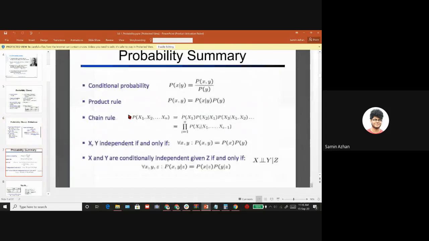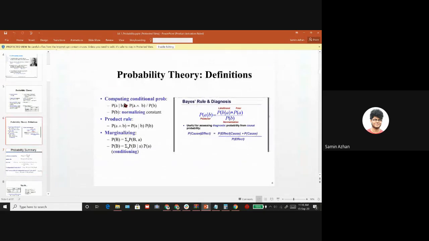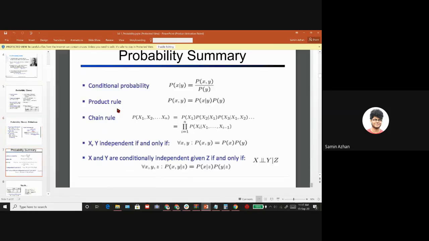First, this is the same rule. We'll be using this rule a lot. Probability of x comma y is probability of x and y. So it's basically this rule right here, conditional probability: probability of x given y is probability of x and y divided by probability of y.